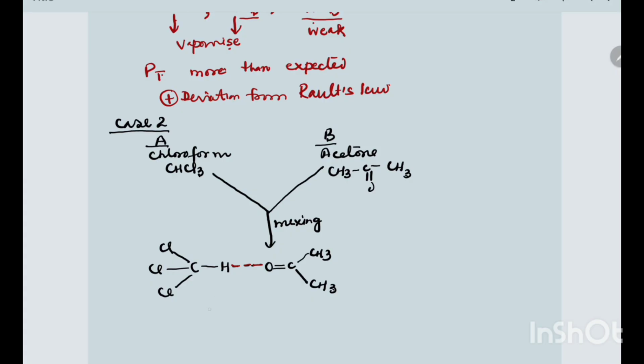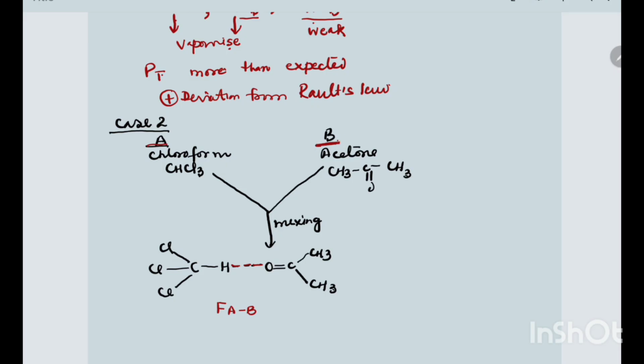So these kinds of forces in the solution will exist, and we call these forces FAB, that is the force of interaction between the particles of A and B, right?